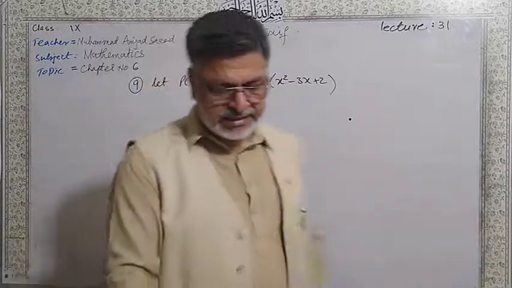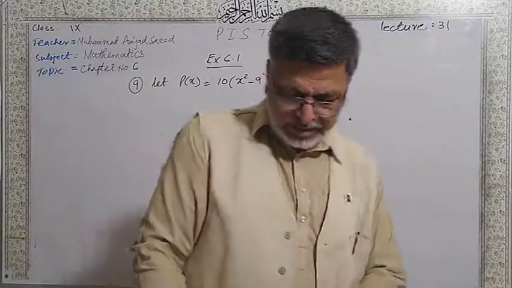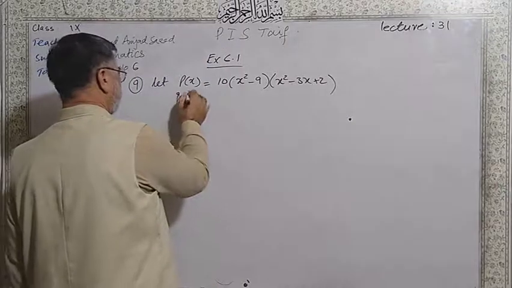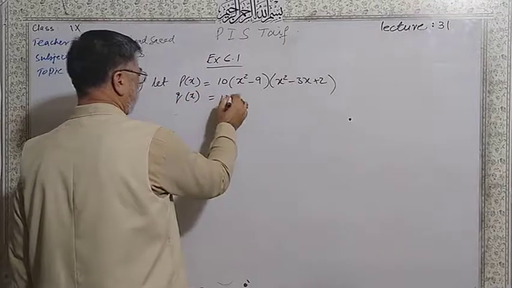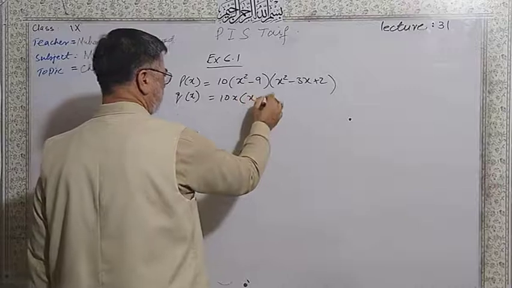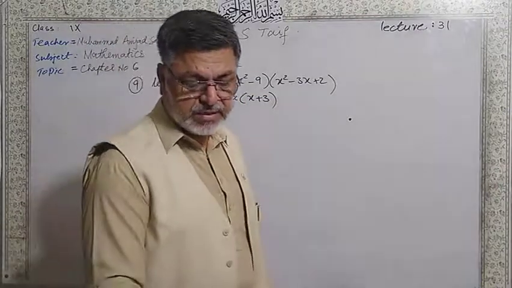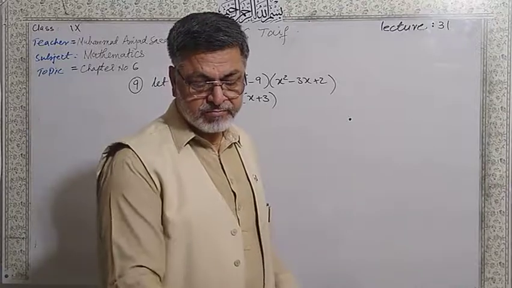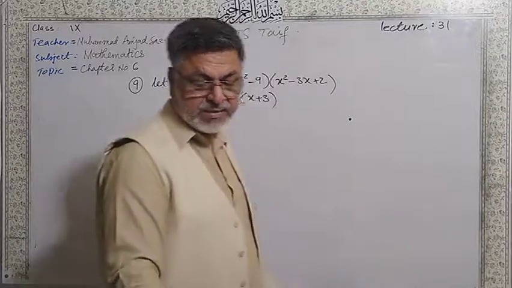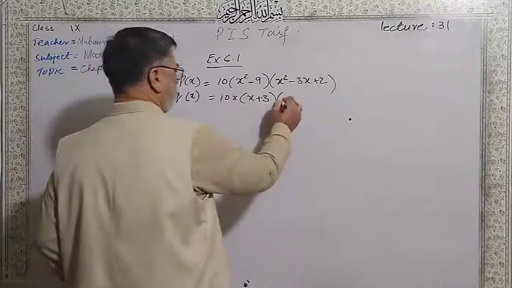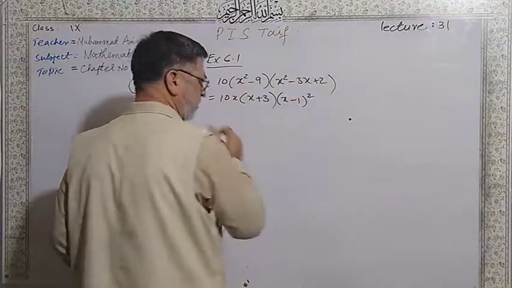That is P of x. And Q of x is 10x into x plus 3 into x minus 1 square.